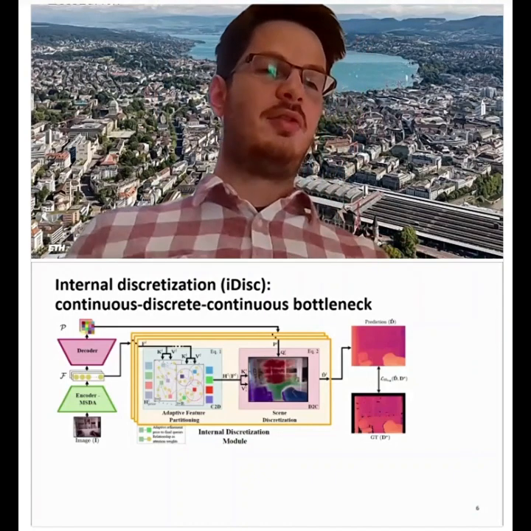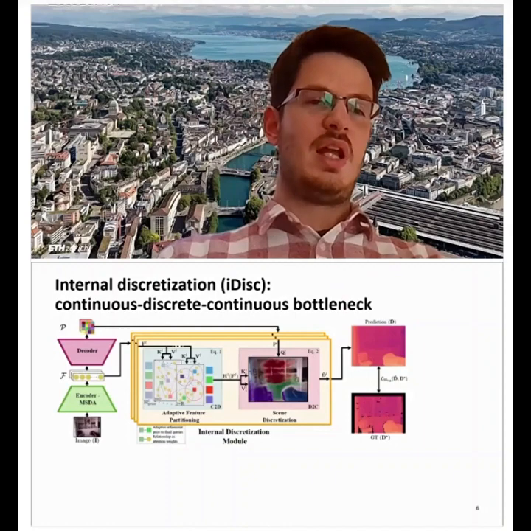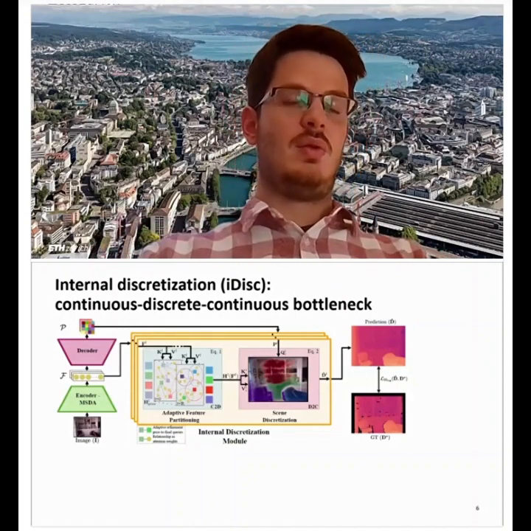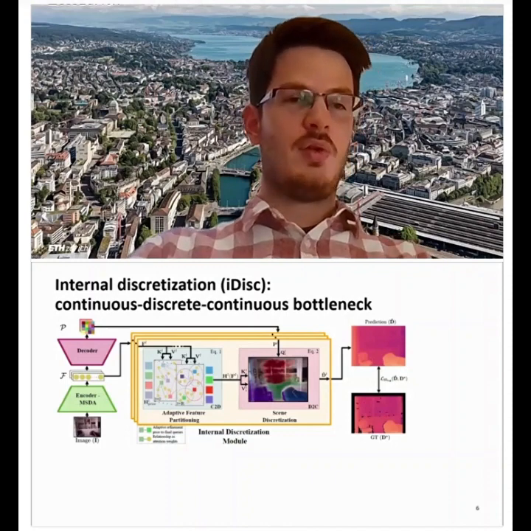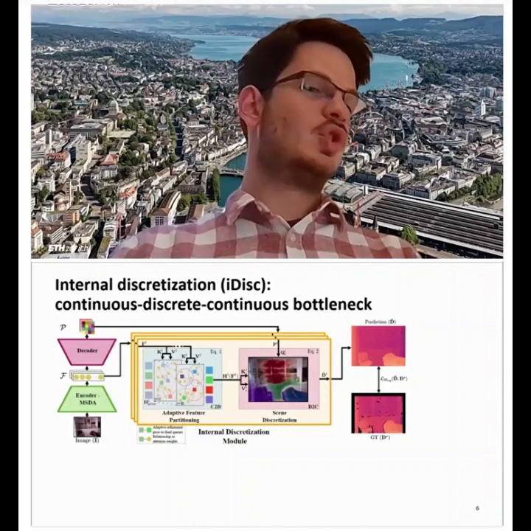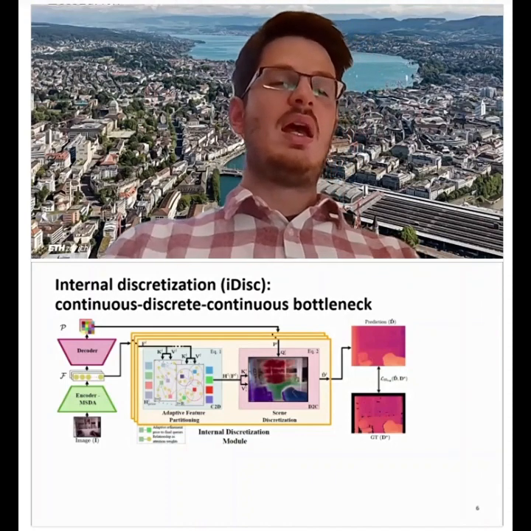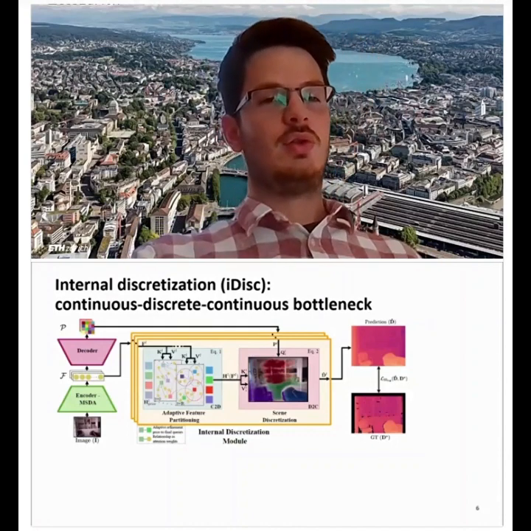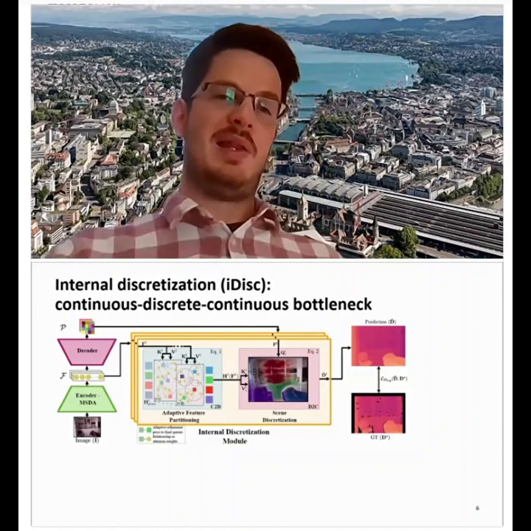At the interface of the two parts of the network, we have these features we denote by F. These are three-dimensional feature maps. These features are then passed to the standard decoder in order to obtain pixel-level embeddings.